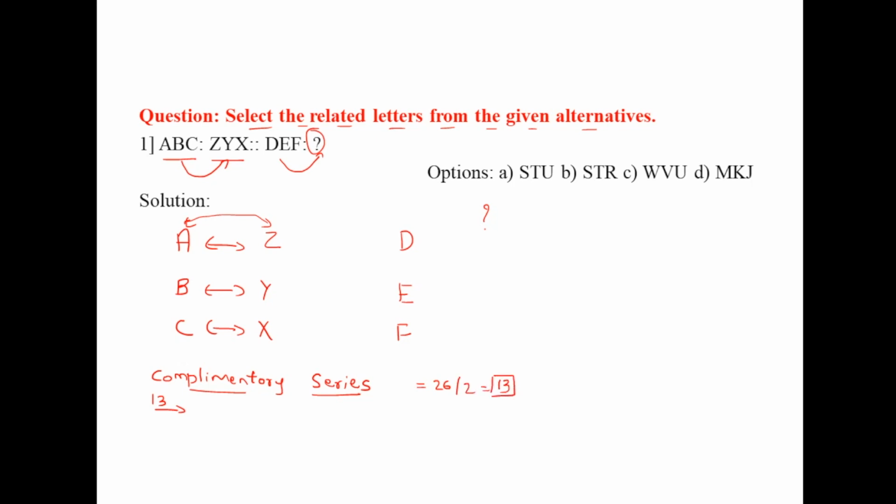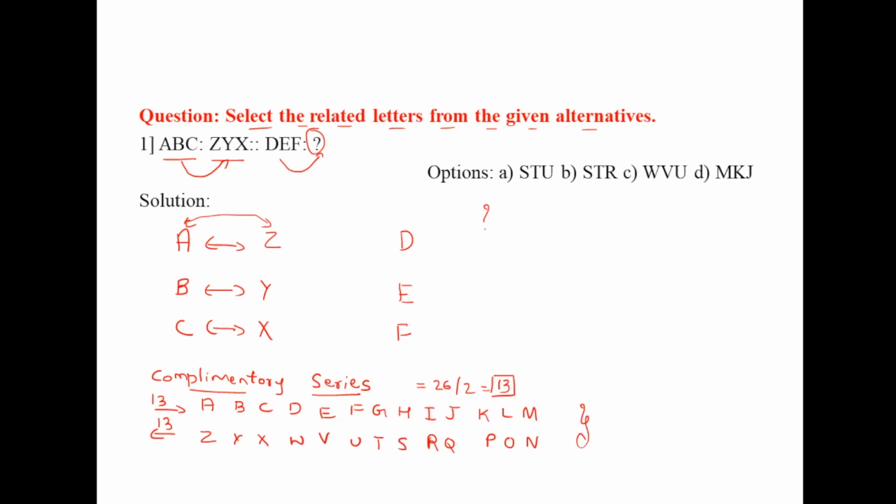In the forward direction you write 13, and in the reverse direction you write 13. That is, A, B, C, D, E, F, G, H, I, J, K, L, M. It becomes 13. Next, N, O, P, Q, R, S, T, U, V, W, X, Y and Z. This is your complementary series. It is called the complementary series.